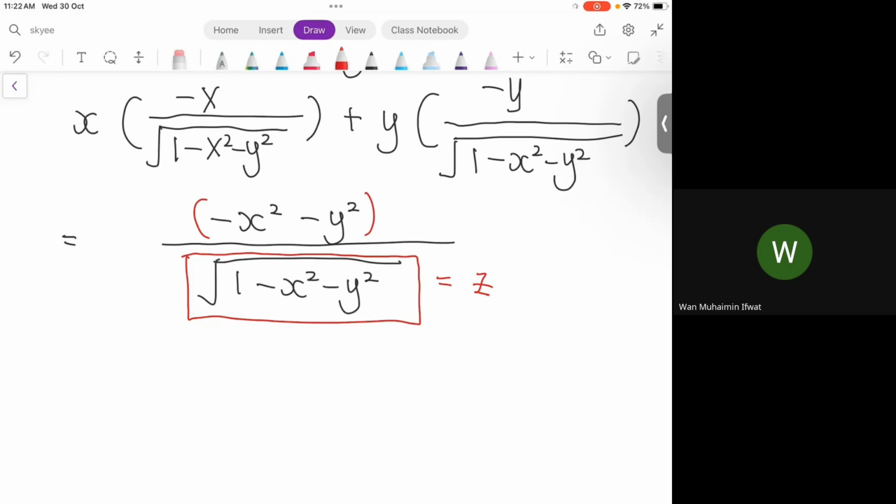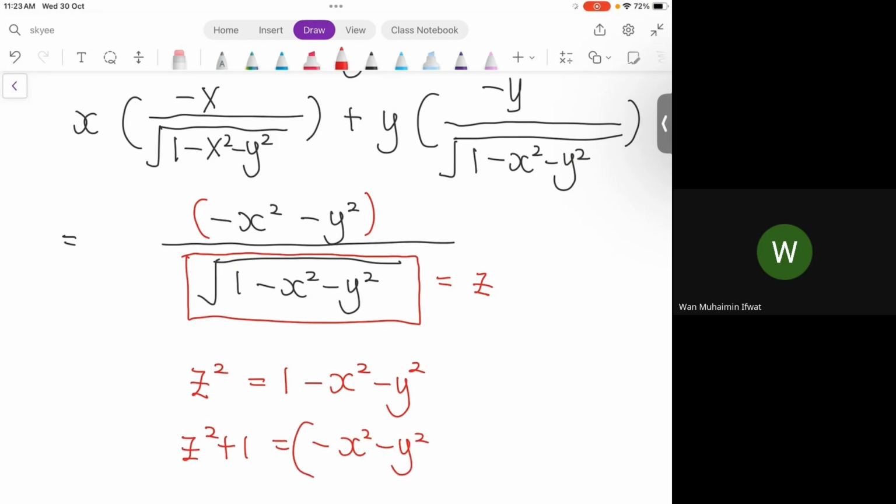If z squared equals 1 minus x squared minus y squared, then minus z squared plus 1 will be equal to minus x squared minus y squared. So we can put this in to replace it.